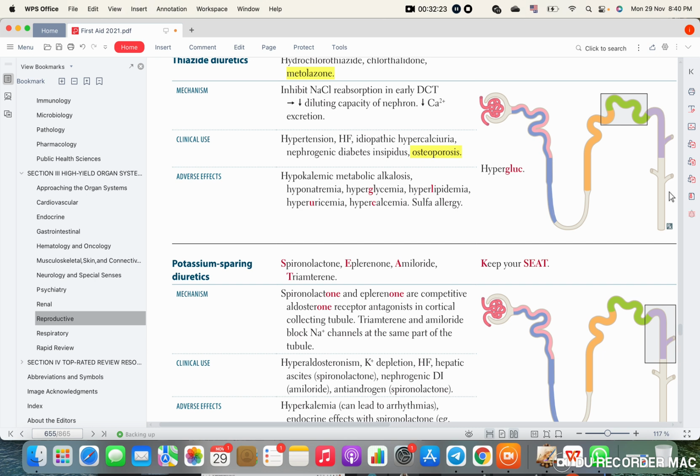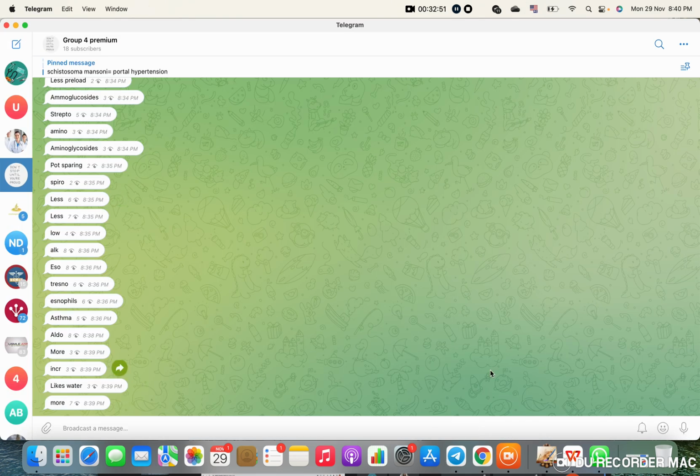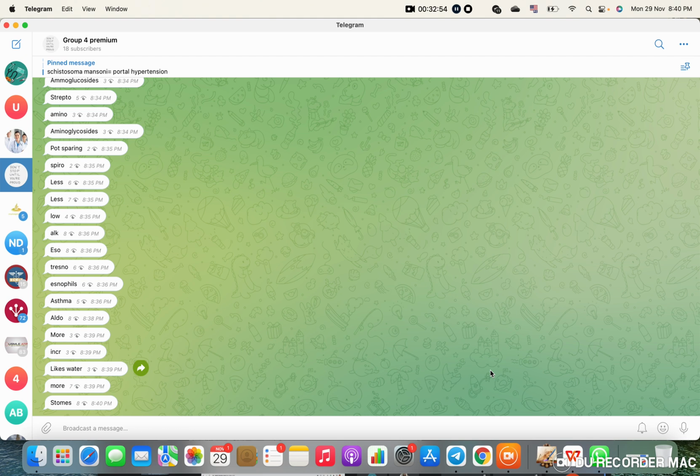Also, it's used for hypertension. This is just common sense because it decreases your preload, decreases your afterload, and makes your life better. Heart failure, diuresis, less edema. Idiopathic hypercalciuria. Some patients can have a lot of calcium in the urine. Why is this a bad thing? Why is it a bad thing to have a lot of calcium in your urine? It's basically a familial disease in which the patient has a lot of calcium in the urine.